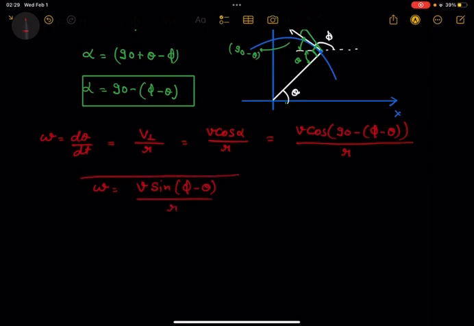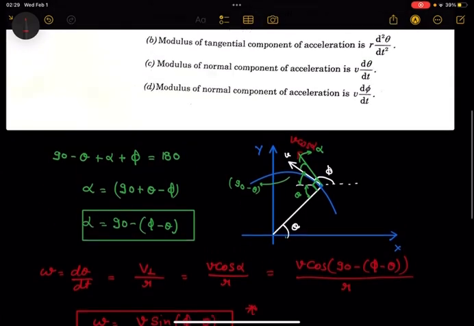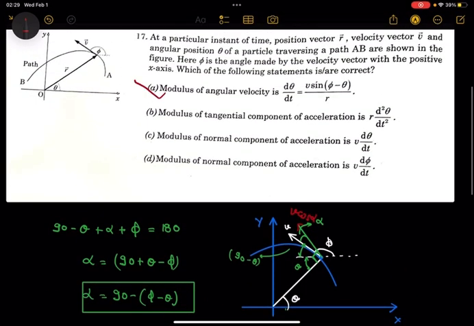So the correct answer is the first. The first answer matches: the angular velocity is v sin(theta minus phi) by r. Now this question is saying the modulus of tangential component of acceleration.